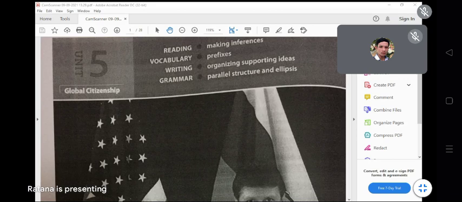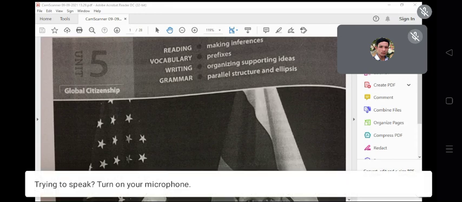Just know that it refers to the people who live in the world.